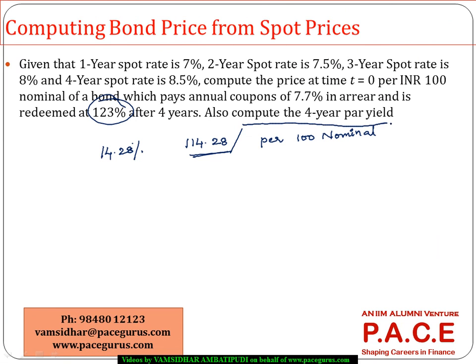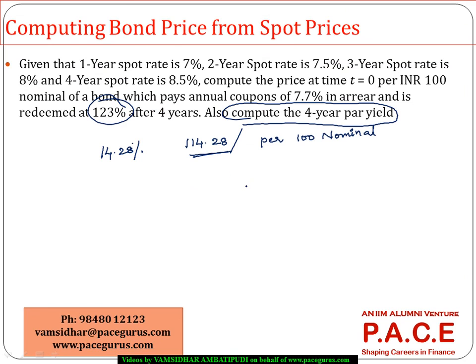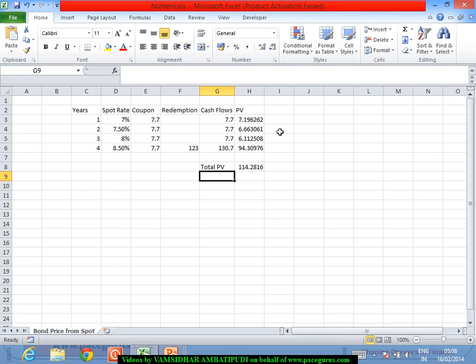And there is also a mention of a 4-year par yield. When I say 4-year par yield, assume that you are receiving the same cash flows, and you are receiving the par value on maturity.